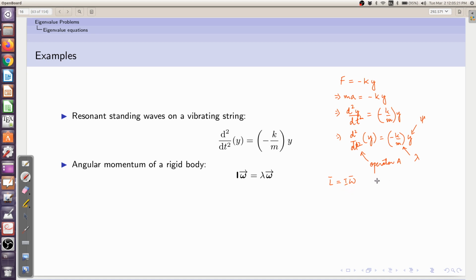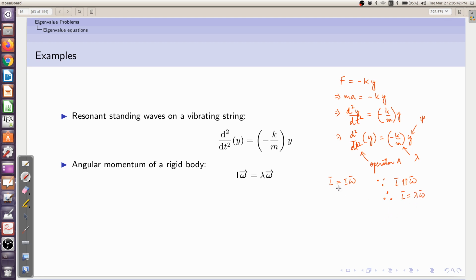Now, L is parallel to omega, they are in the same direction. Because they are in the same direction, we can say that L is equal to some constant times omega.